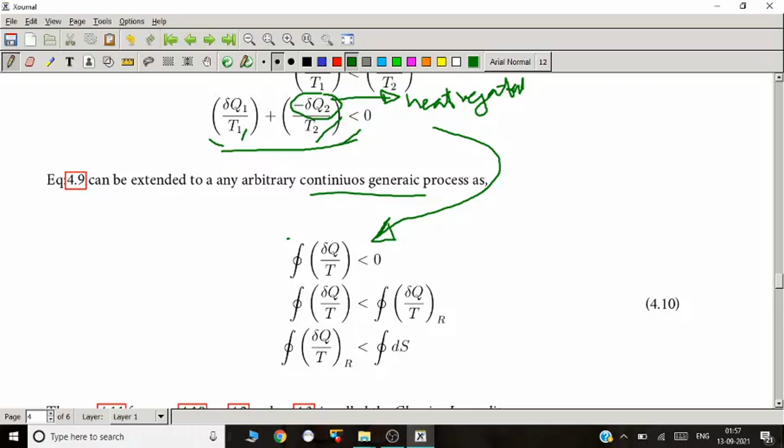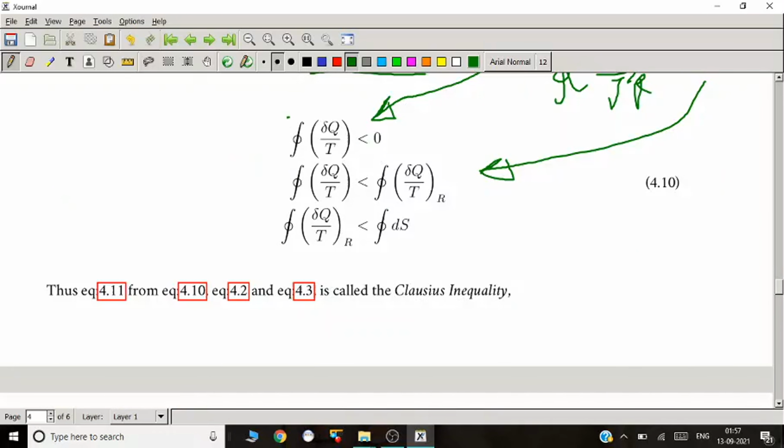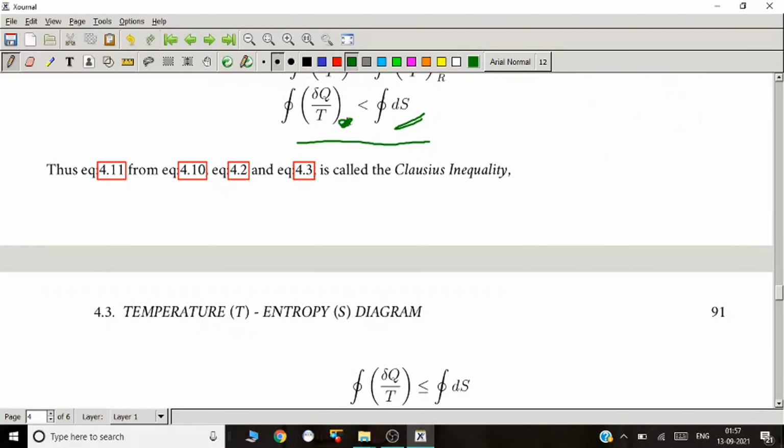We already defined delta Q by T for a reversible process is equal to 0. So we have just replaced the 0 with the cyclic integral of delta Q by T, or the cyclic integral of ds. This is called the Clausius inequality.